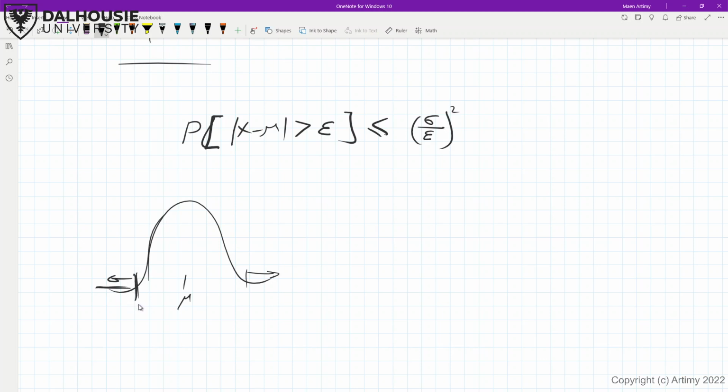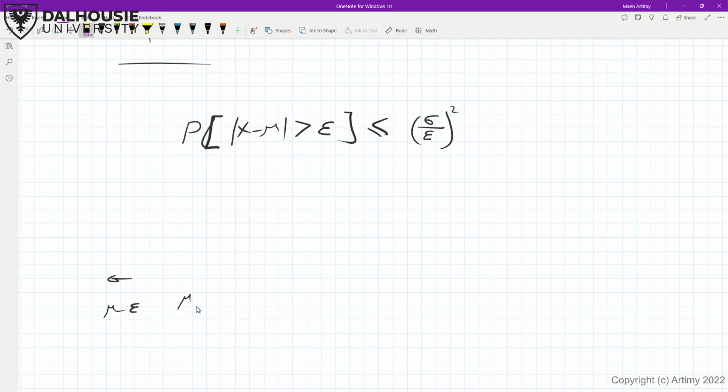So mu minus epsilon and mu plus epsilon, depending on what mu is. So we're calculating the probability of values beyond these two lines, right?